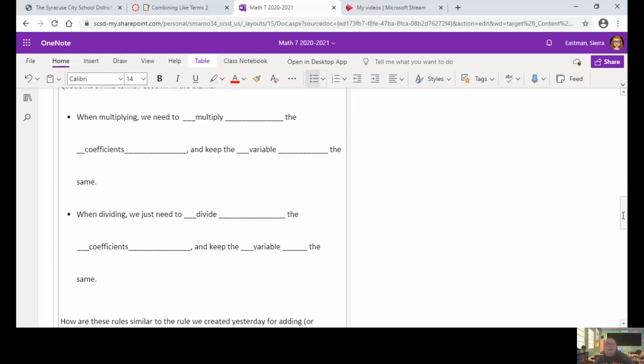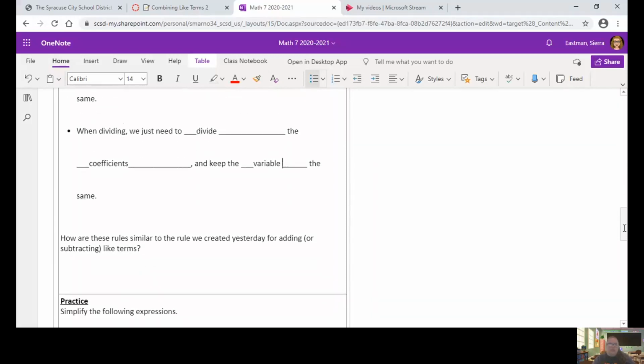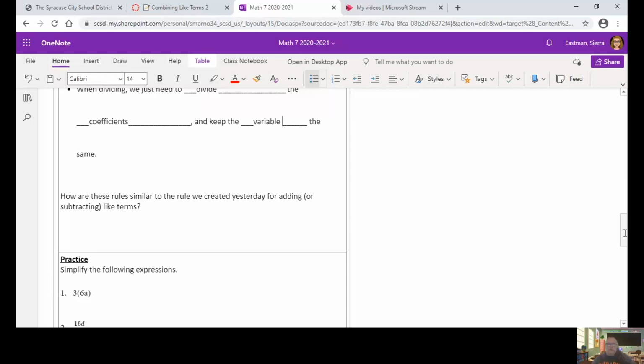We have one last question to take a look at before you start the practice on your own and wrap up this page. So I'm going to scroll down here. How are these rules similar to the rule that we created yesterday for adding or subtracting like terms? By now, this should seem pretty clear, right?